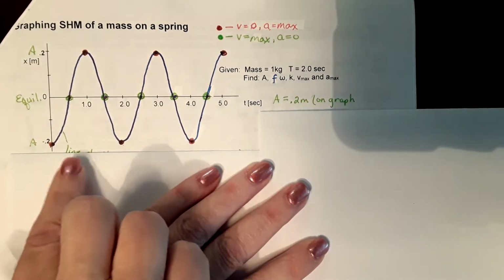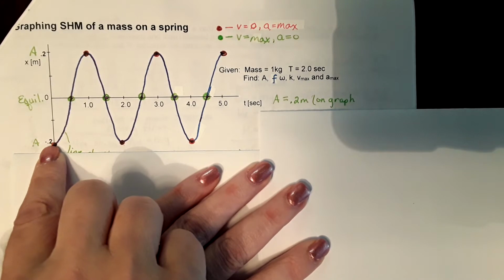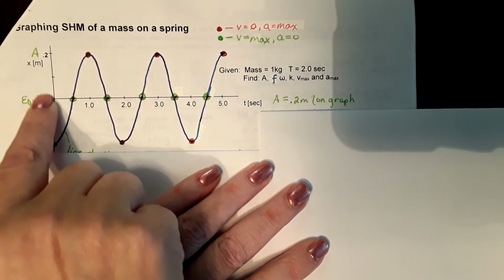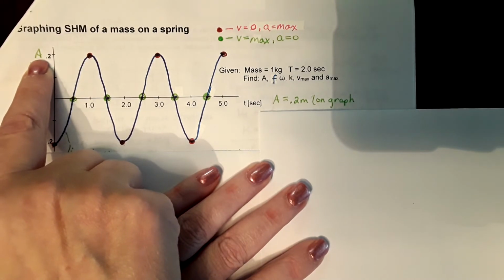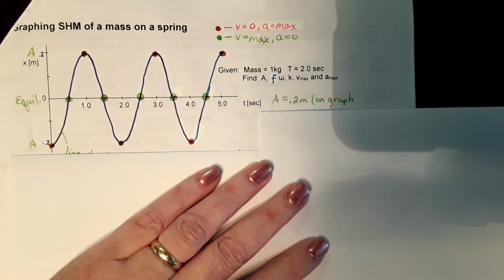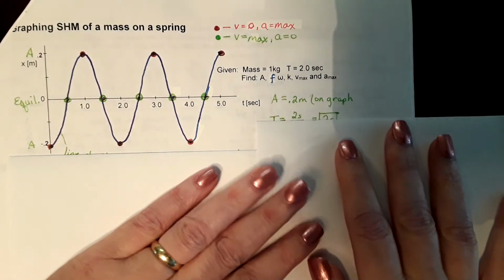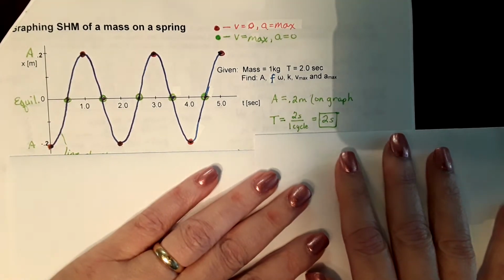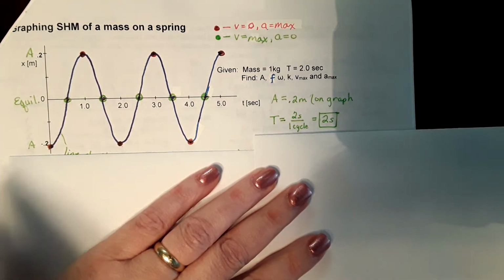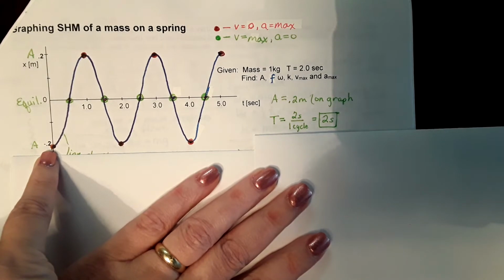The amplitude, again, is set by you when you release it. So the mass is 0.2 meters below equilibrium, and it will travel that same distance above equilibrium. So the amplitude is also 0.2 meters. Now, the period we said is 2 seconds, and all you have to do is look on the graph to see the period.